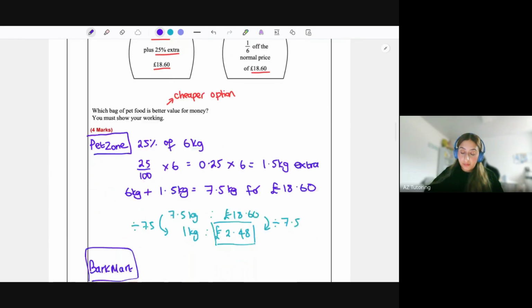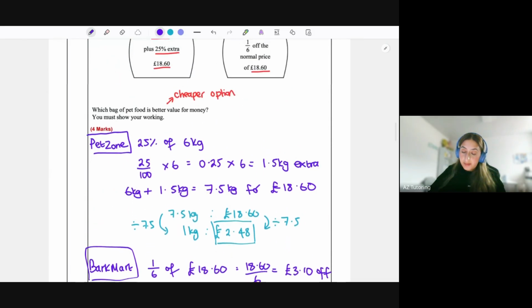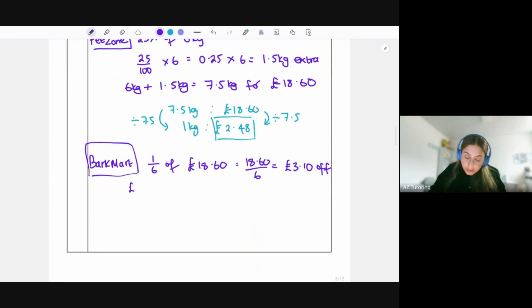We need to work out what a sixth of £18.60 is. A sixth of £18.60 is £18.60 divided by 6, which is £3.10 off. So if it's £18.60, she's getting £3.10 off, minus £3.10.